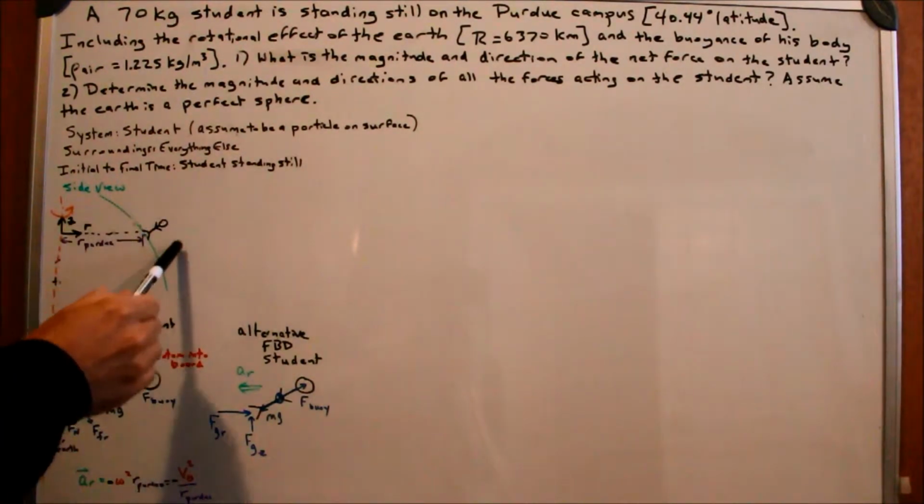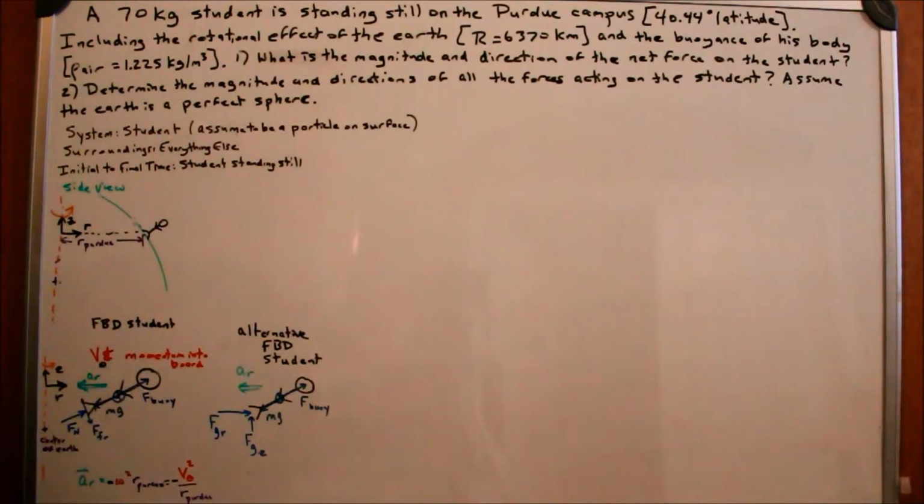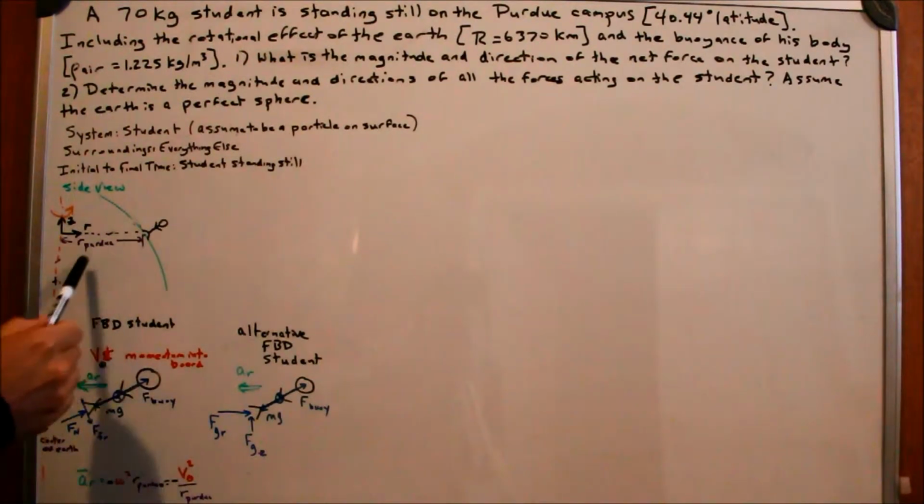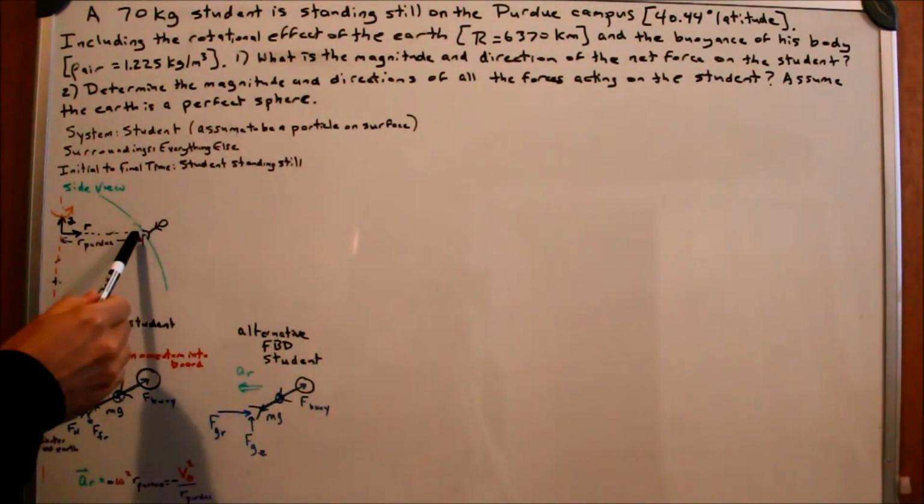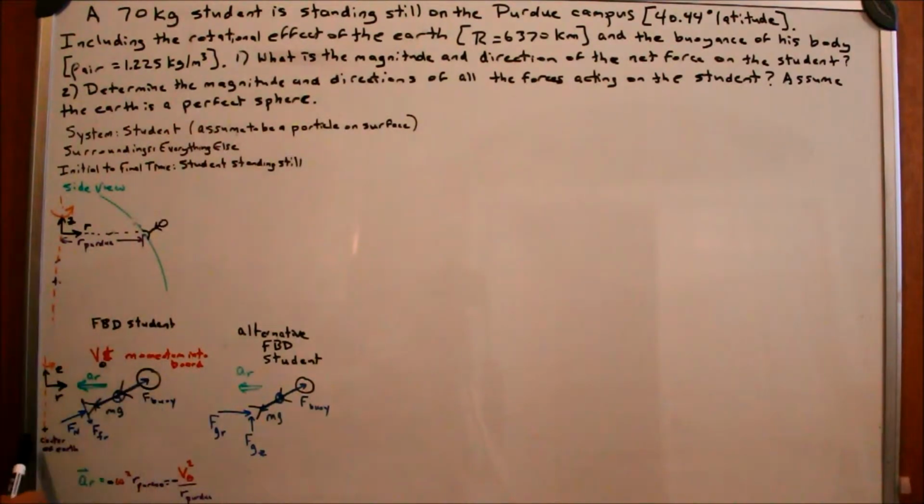So now if we just zoom up on the student standing on the surface, we'll draw all the forces acting on him. The center of the Earth is down here, so we vectorially sum the forces going to the center of the Earth. That will be the mass times gravitational, that is downward.